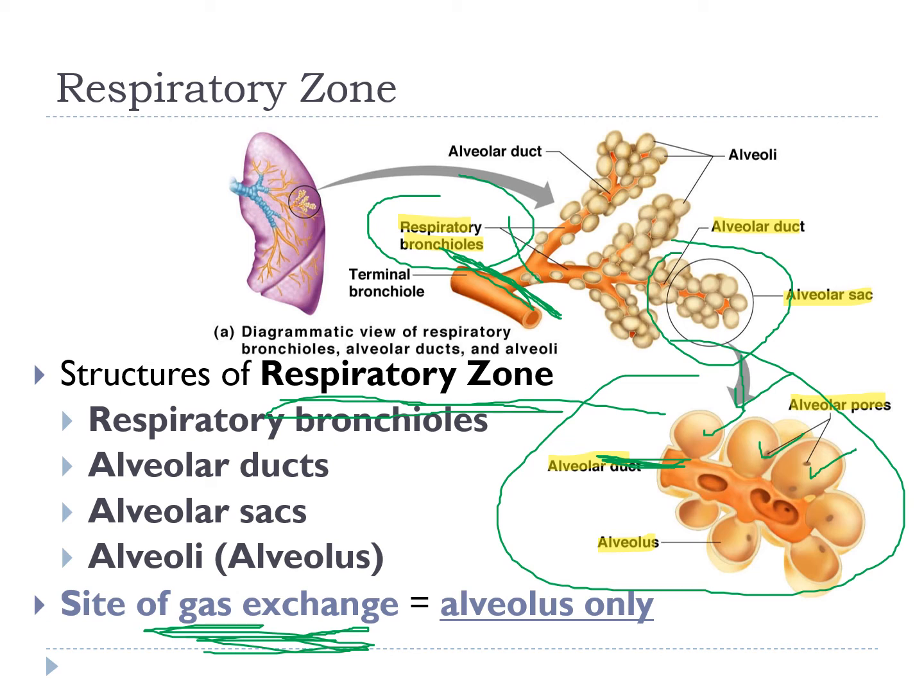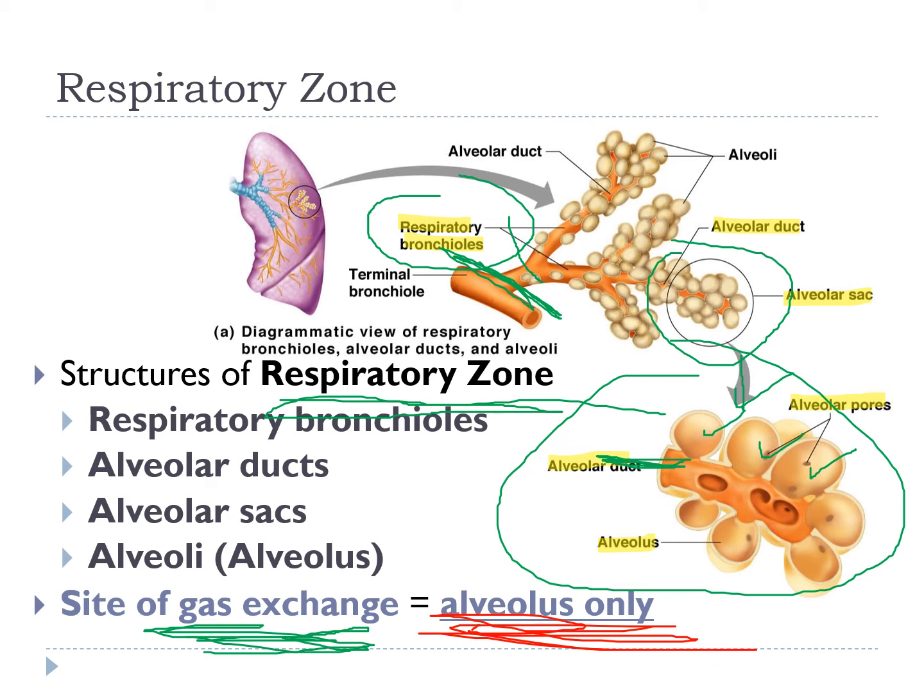This is a very similar pattern where the air travels through all of the structures we've talked about so far, upper respiratory system, all the way down to the alveolar duct, and that whole time the air is just traveling. There's no exchange.